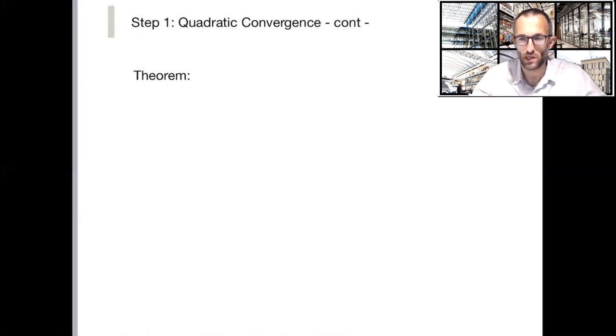And how is that measured? Again, using the local norm and using this Newton decrement.